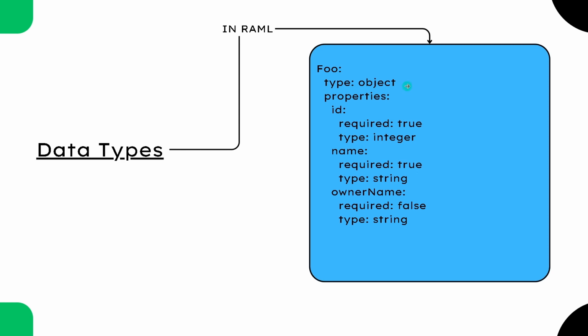So here this data type is object, and under this object we have different fields: ID, name, owner name. So these three fields, this ID is having data type as integer. So whatever request is received, it should be an object having ID as integer value. If it's a string value, it will give us errors that hey, data type is not matching.